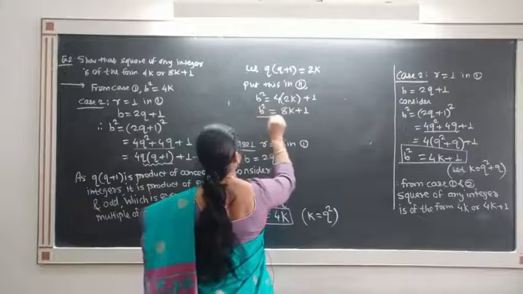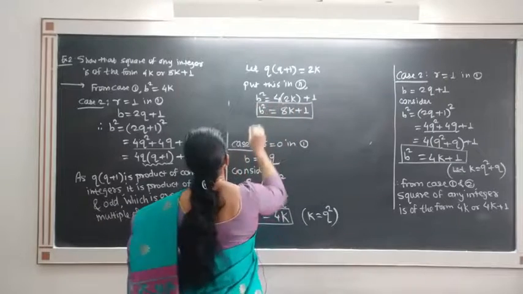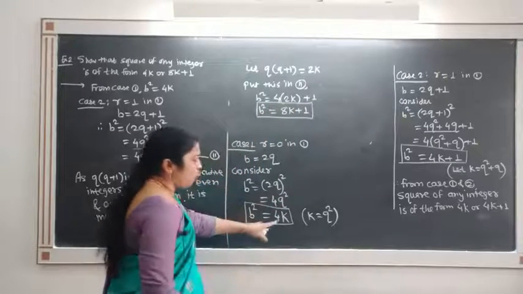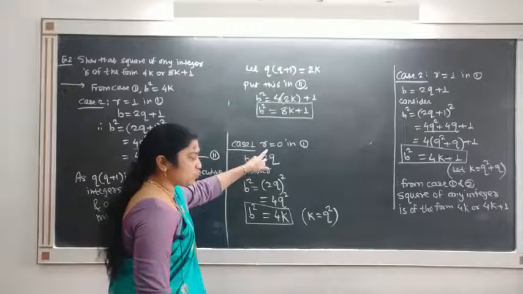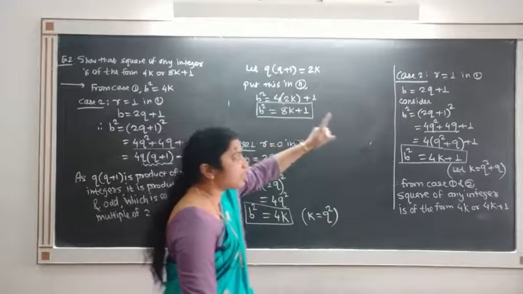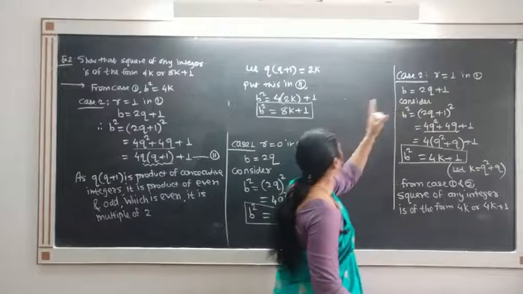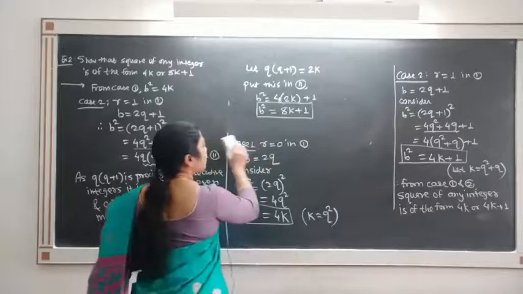So observe that in the first case it is 4k when r is equal to 0, and if you consider case 2 when r is equal to 1, it is of the form 8k plus 1.